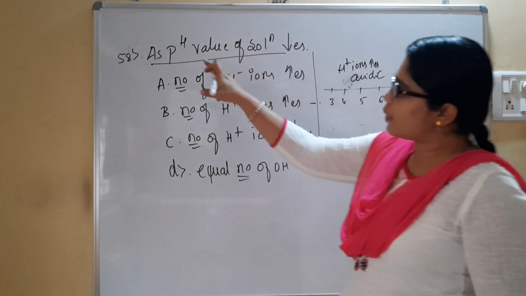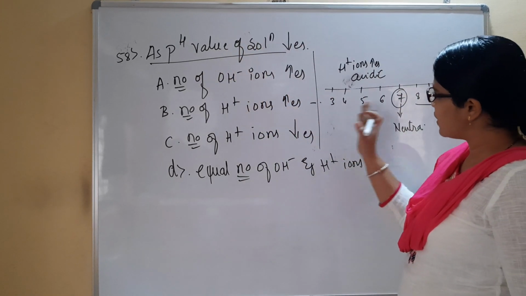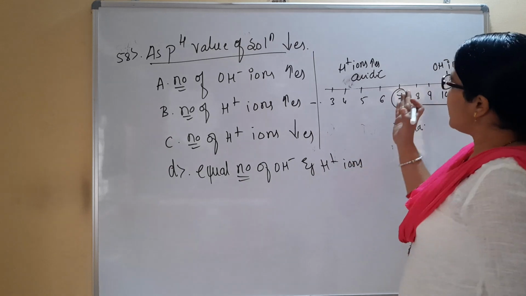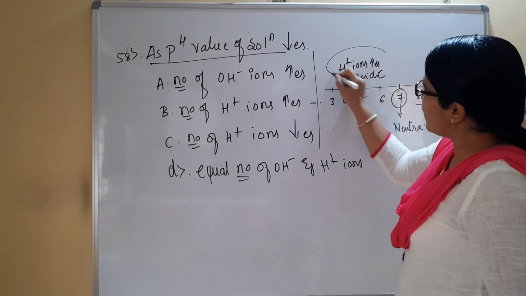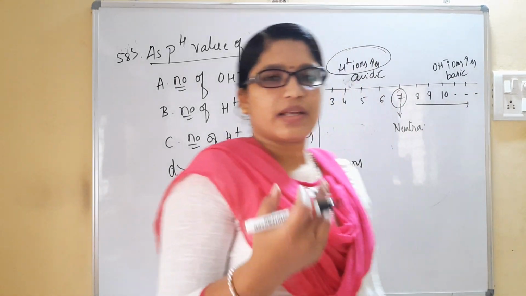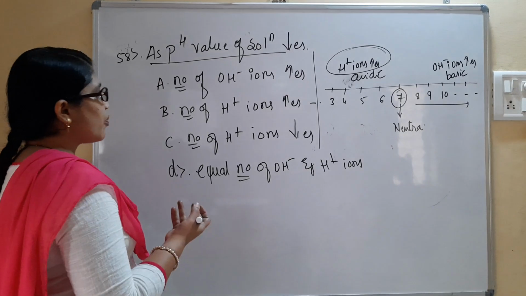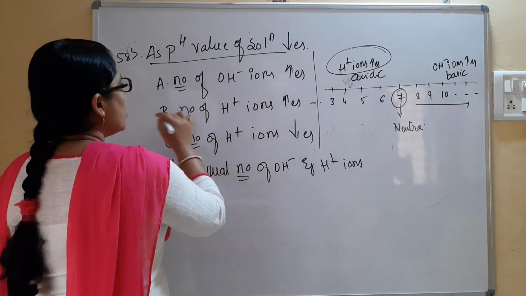Right? So if the pH value of a solution is decreasing, it is going to the left side. When it is going to the left side, H plus ions are increasing. As the H plus ions are increasing, the acidic strength of that solution is increasing. So the correct option is that the number of H plus ions increases.